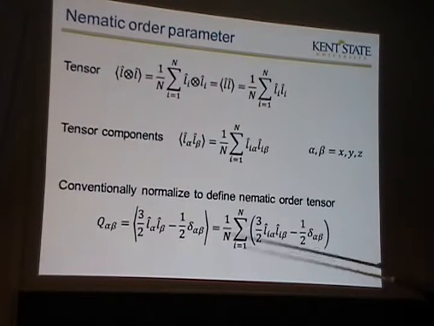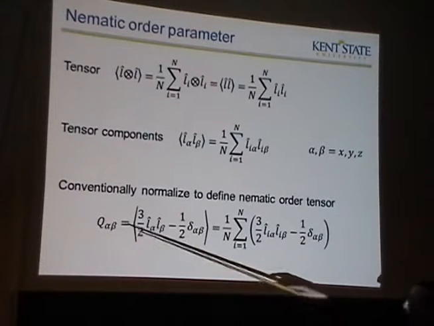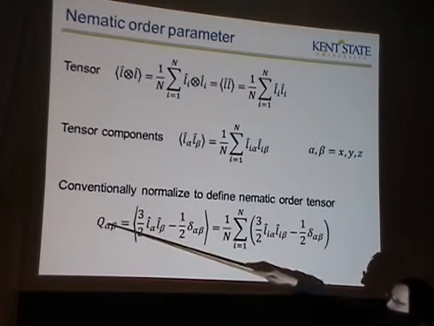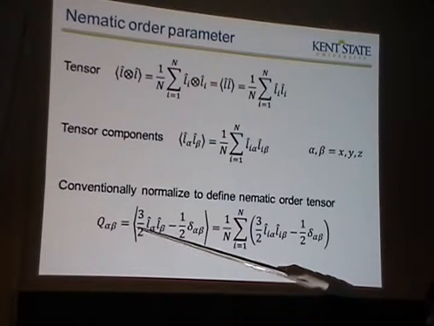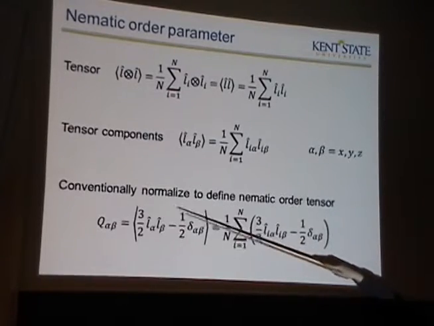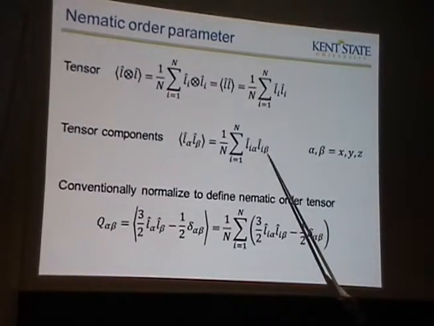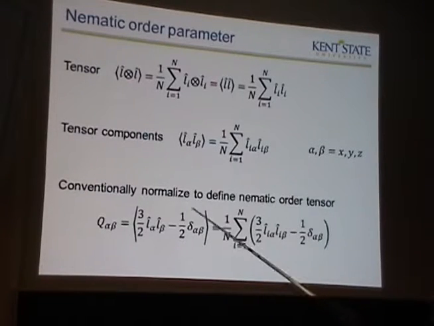Now, it is sort of conventional to normalize it when we represent a nematic phase. So there's a nematic order tensor, which is conventionally written as Q alpha beta, which is 3/2 times this tensor minus 1/2 times the identity tensor.